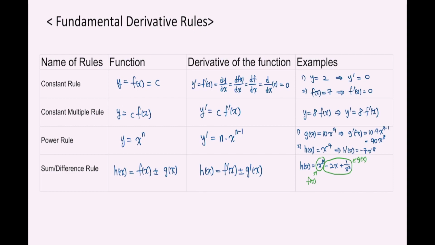Additionally, we can break the g(x) function into two monomials as well. That means we can just differentiate each term separately when polynomial functions are given. And we can change 1 over x squared to x to the negative 2nd power, which is a power form.